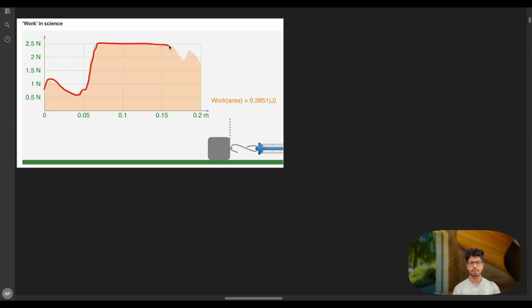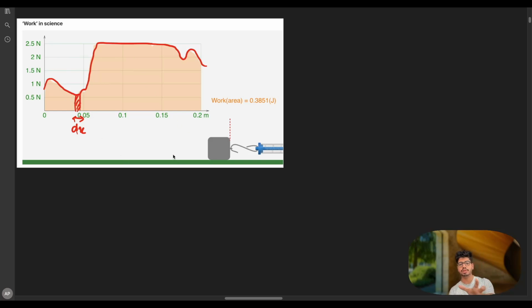The area under the force-displacement graph will give you the work done. To find it, I split it into small parts, and this is dx, a very small displacement of the block.